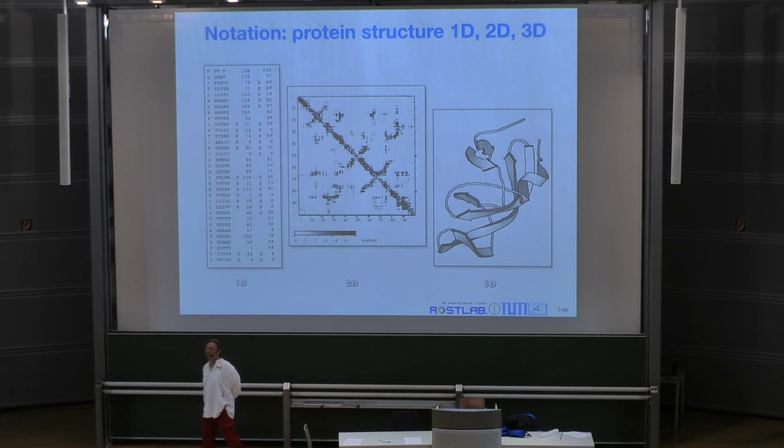But if you take the way you present it, then the string is one list of numbers. It's really a string. 2D is always a matrix. And in 3D, you need another component. To localize a point in space, you need a third coordinate. And those are the 3 dimensions.